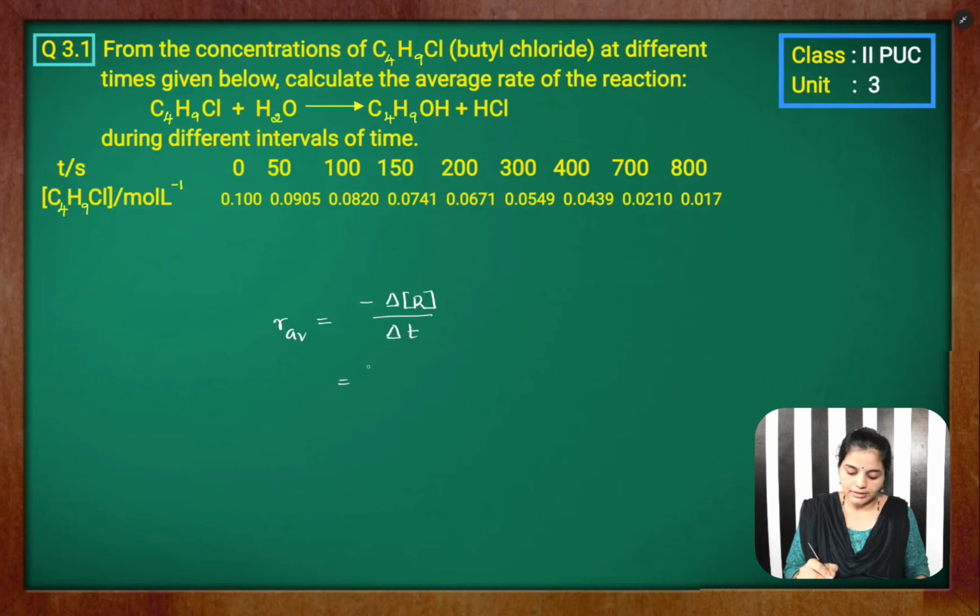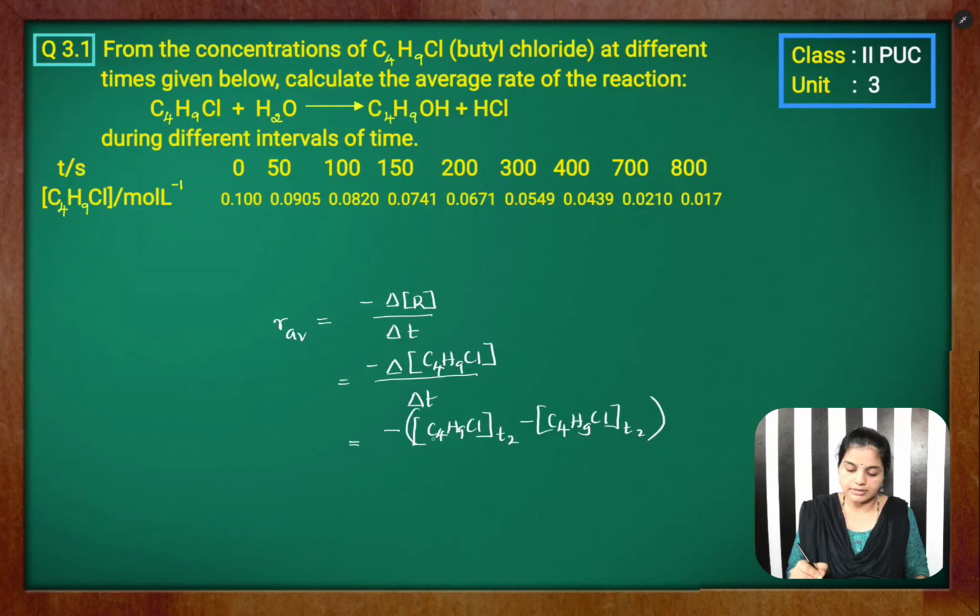In case of this equation, the reaction of butyl chloride, the change in concentration of butyl chloride, that is delta C4H9Cl divided by delta T, is equal to minus concentration of butyl chloride at time T2 minus concentration of butyl chloride at time T1.